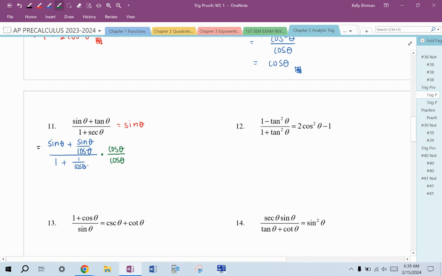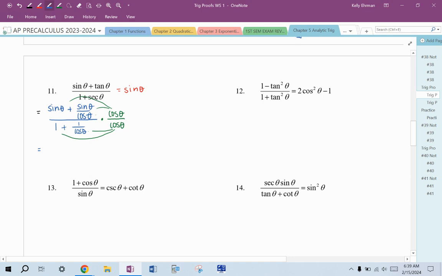So I see cosine denominators, so I want to clear those out by multiplying by cosine on the top and cosine on the bottom. And you're allowed to do that because you're just multiplying by 1. It's just sort of a special case of 1 that's going to help us.